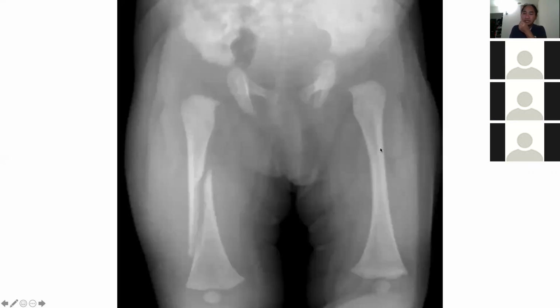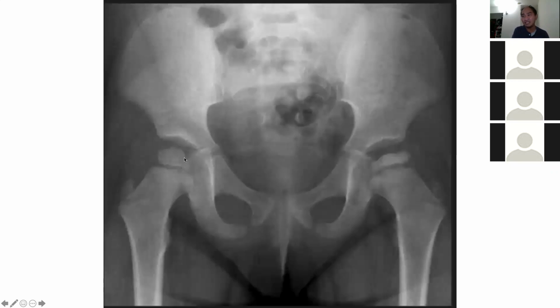Now in this picture, that little bone at the tip, the femoral head, does not have any ossification yet. Therefore, it is completely cartilage, and we cannot see it on the X-ray because there is no ossification yet. If we have ossification, bang, that's the start of bone formation.